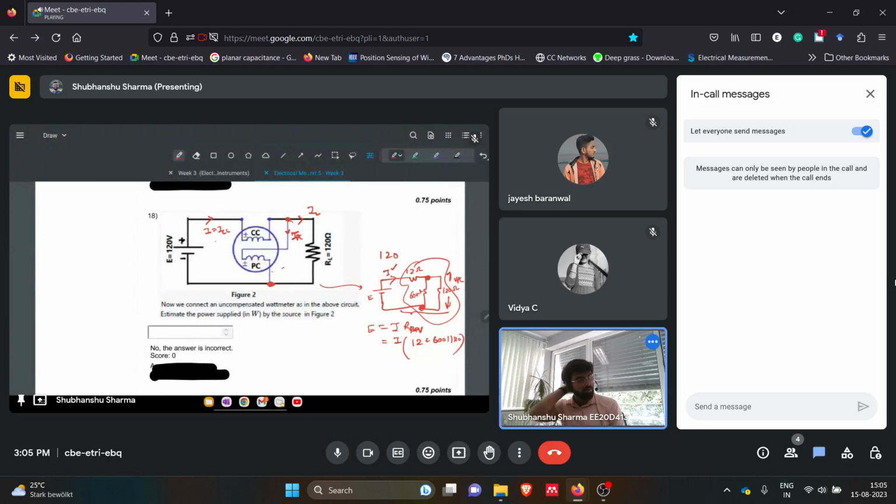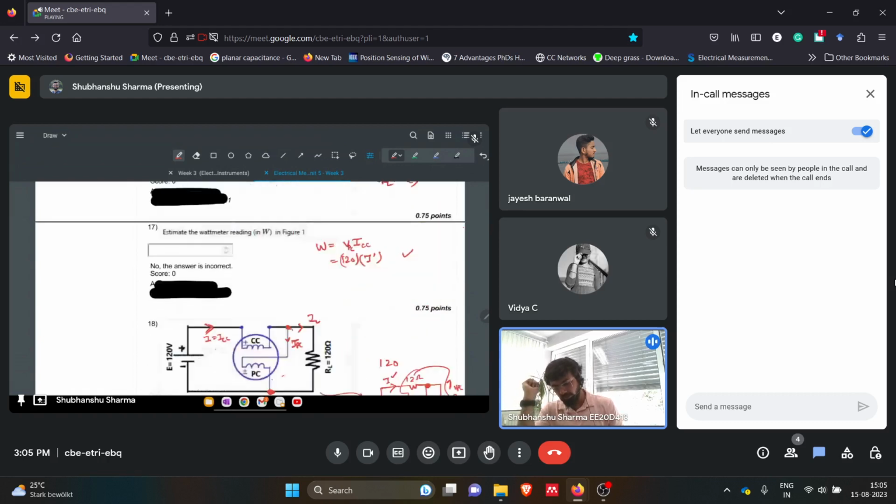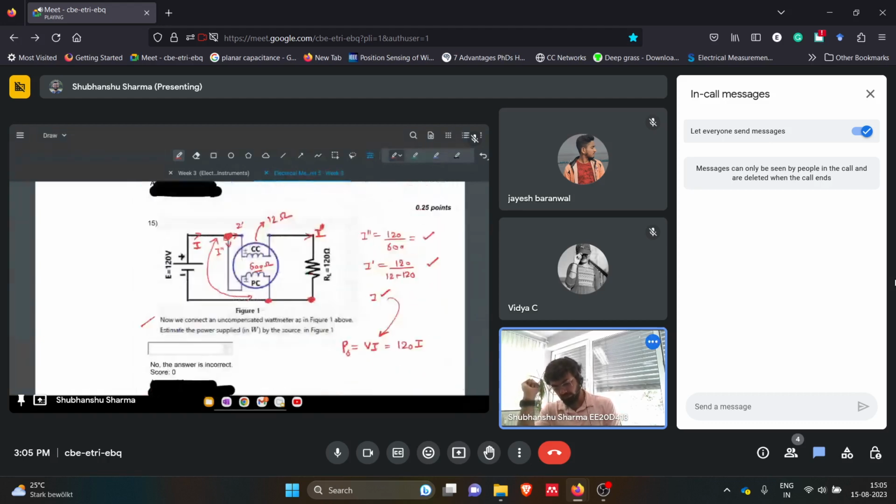E we know, that is 120. So 120 divided by this, we will get I, that is the source current I. Similarly you can proceed further for different types of questions, as we did in the first set of subsequent questions.